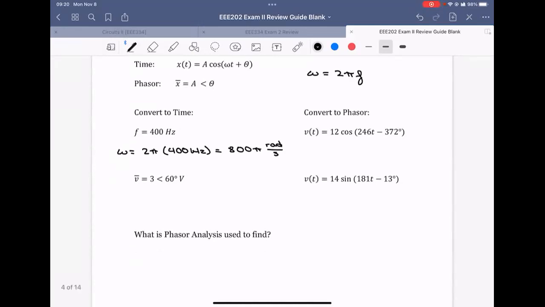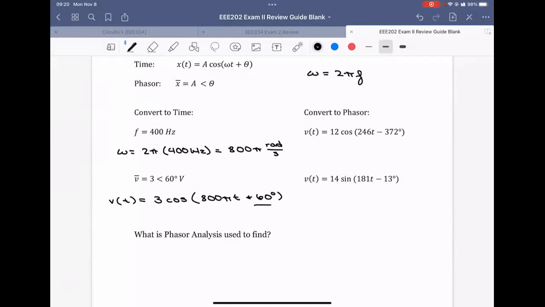And then we have 3 angle 60, and now this is pretty easy to write out. We'd have v(t), we have our magnitude, 3 cosine, we know our omega is 800 pi t plus 60 degrees. Also, don't forget your degrees. Make sure we have that degree sign on there.